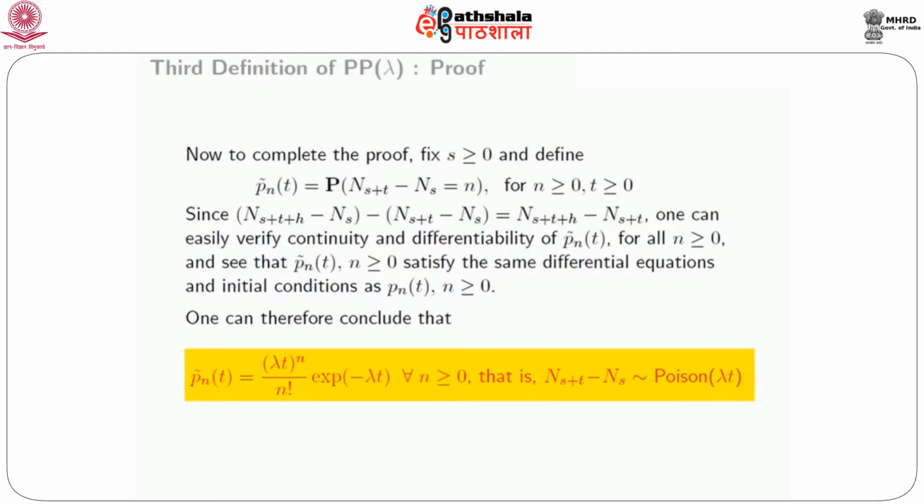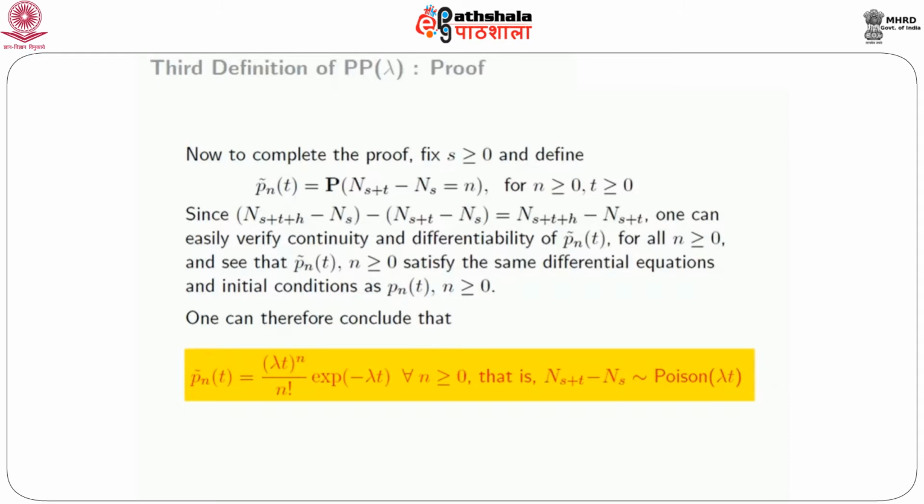Now, if you look at the increment of this new process, namely N(s+t+h) minus N(s), for this new process, the increment between N(s+t+h) minus N(s) and simply N(s+t) minus N(s) is nothing but the increment of the original N over the interval s+t to s+t+h. So we can apply the same conditions, which means that the P tilde n(t) that we defined here also satisfy exactly the same continuity and differentiability properties, and not only that, they satisfy the same differential equations.